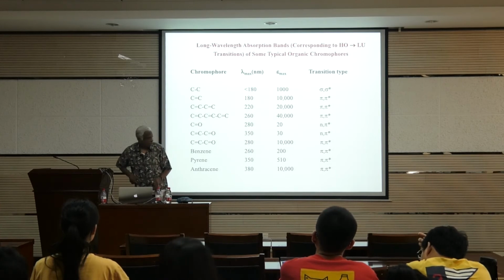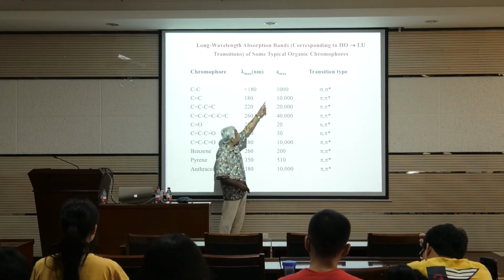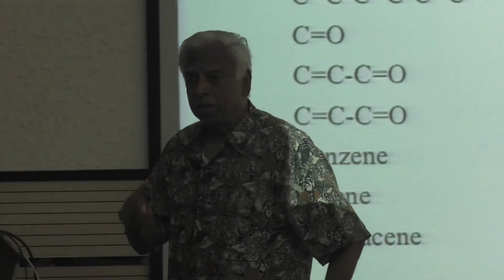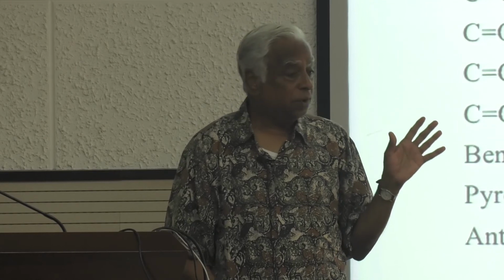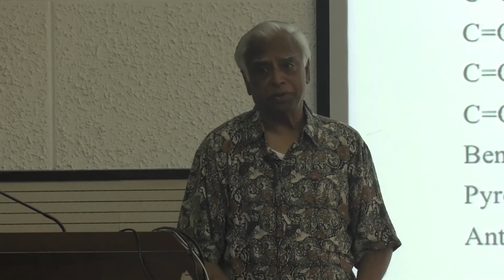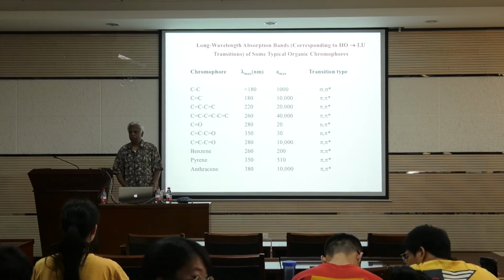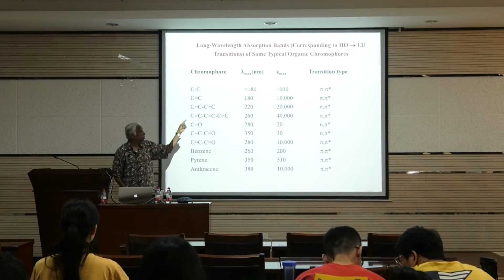And you can see on the other side what is called the extinction coefficient, which I mentioned to you. It is the probability of absorption. If you put 380 nanometer light through the compound, it will absorb. But if you put in 100 photons, whether it will absorb or not depends upon the extinction coefficient.